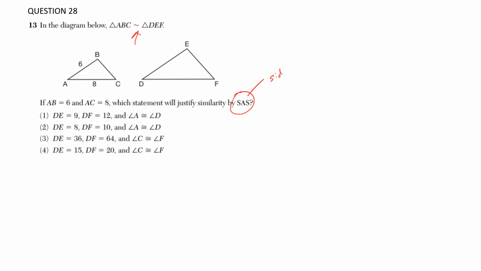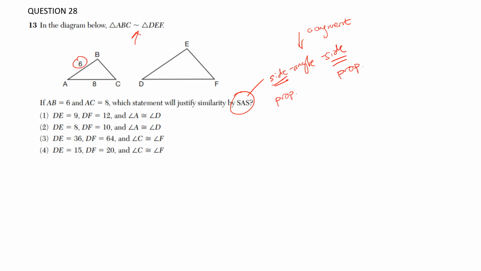Just to remind ourselves, that's side, angle, side. How do we use side, angle, side? We want to prove in similarity that the sides are in proportion, and that the angle is congruent.